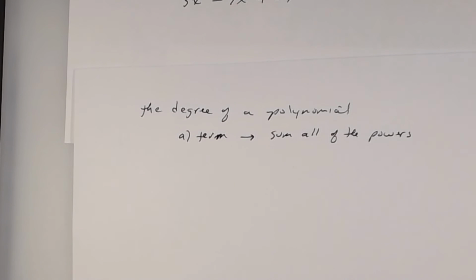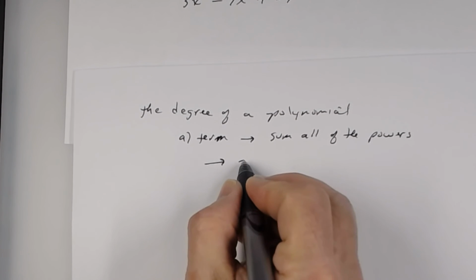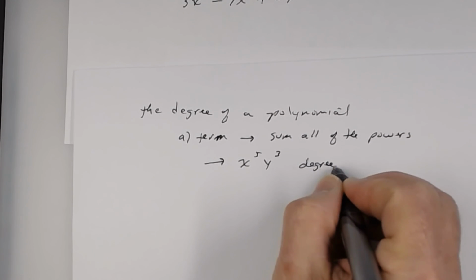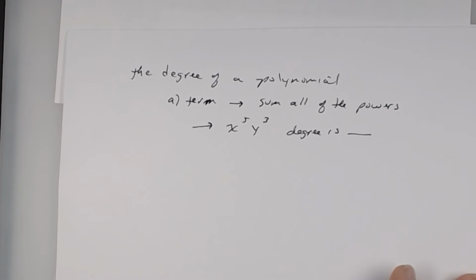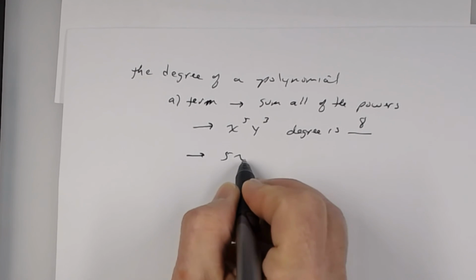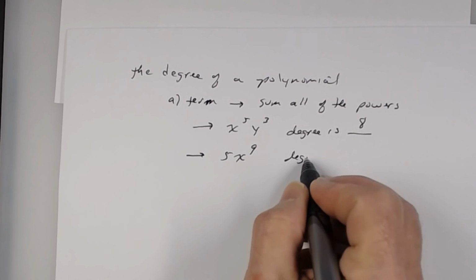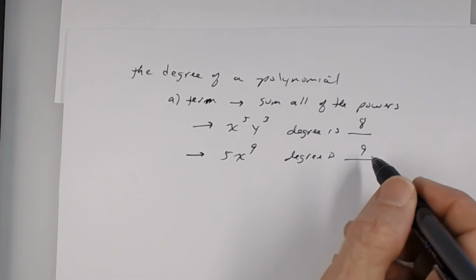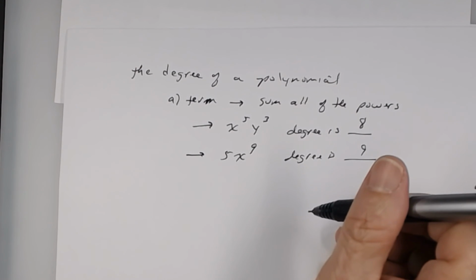Okay? So, for example, let's look at this one. X to the fifth, y cubed. Degree is blank. What's the degree, do you think? 8. You add up the exponents. So 5 plus 3 is 8. Let's look at this one. 5x to the ninth. Degree is blank. 9. There's only one variable.